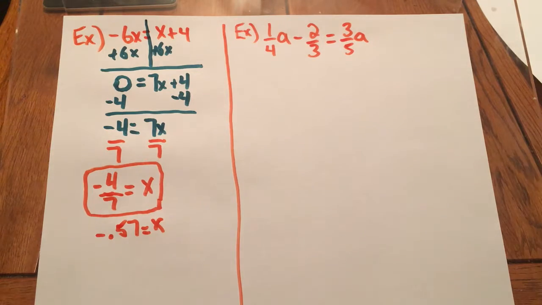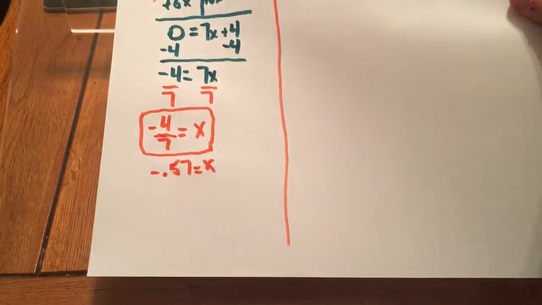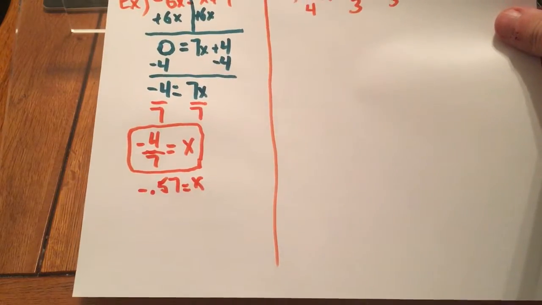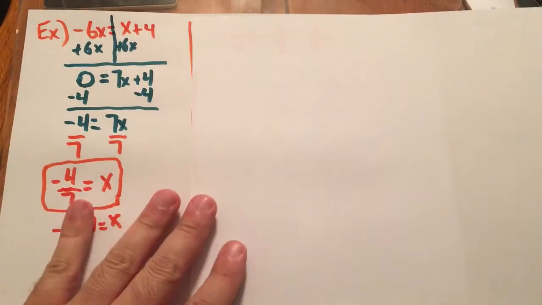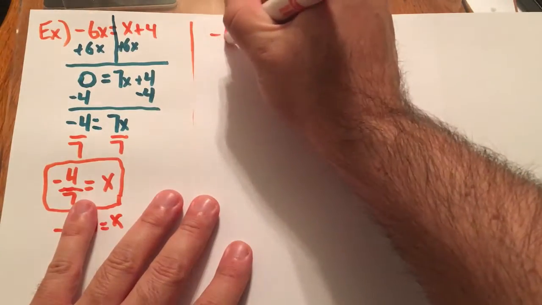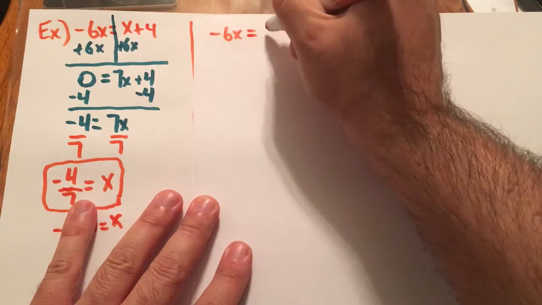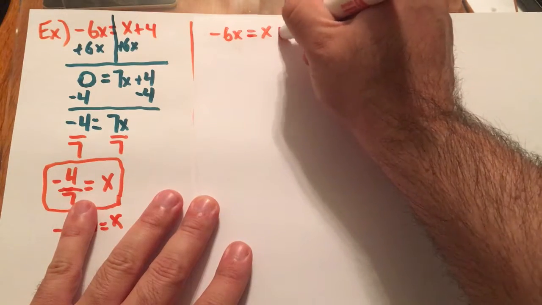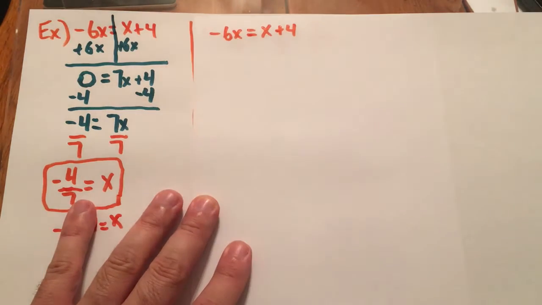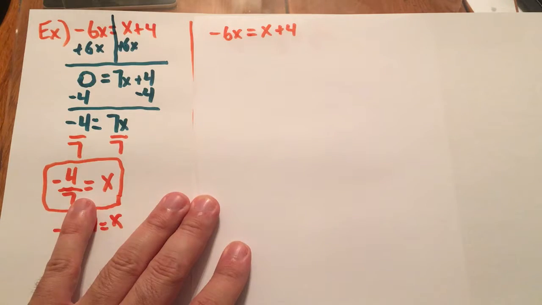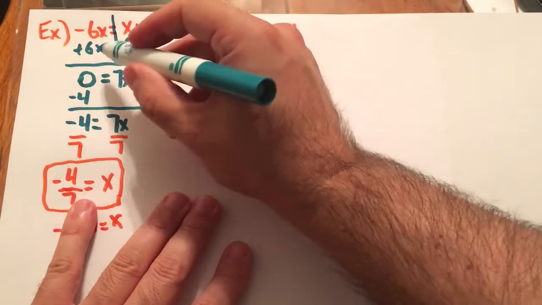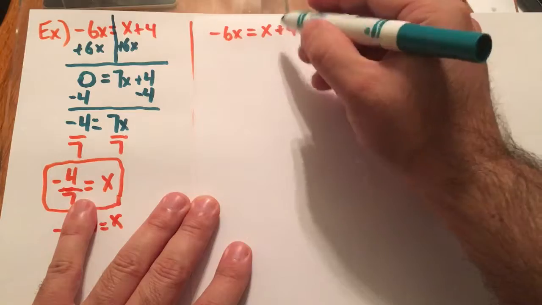Okay? Now just to show you that you can do that equation a little bit quicker if you go ahead and subtract x instead of the 6x. So negative 6x is equal to x plus 4, and I'm going to blow through this one here just to show you that it's going to give you the same answer. Over here, remember, we added 6x.